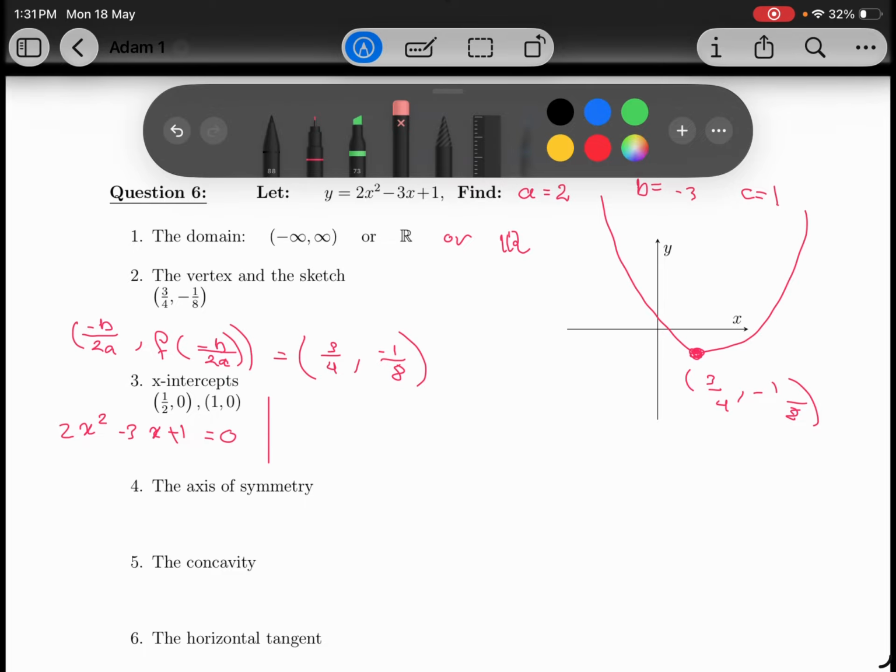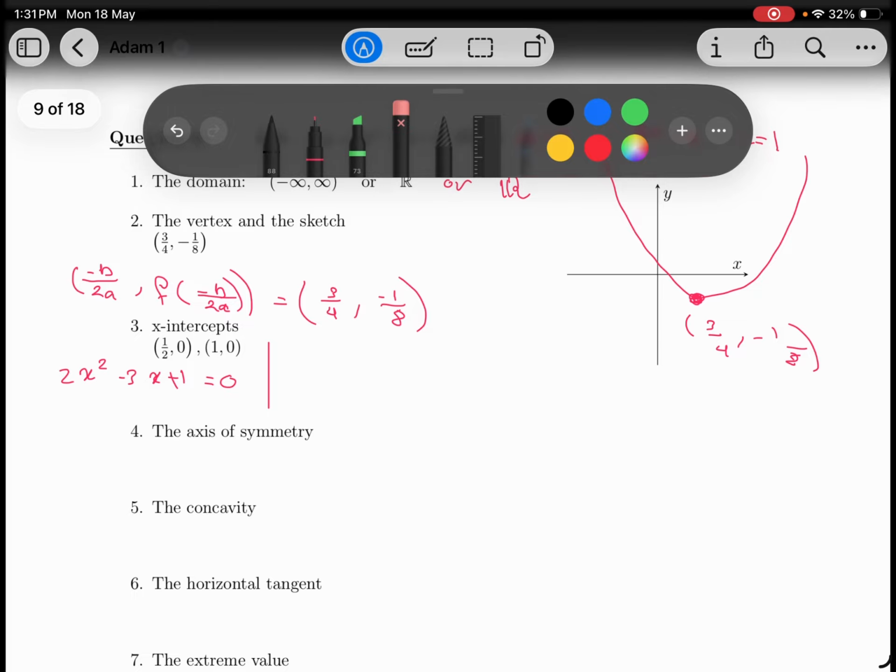Then the question here, what is the axis of symmetry, which is x equals -b over 2a, the same as the x-coordinate of the vertex, which is 3 over 4, guys. It's given here, 3 over 4.